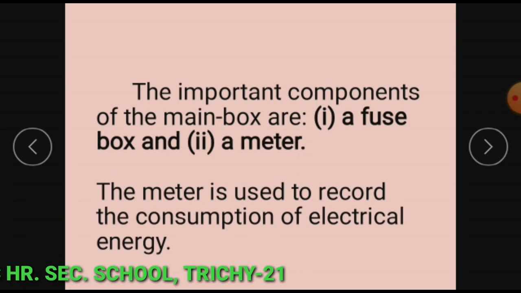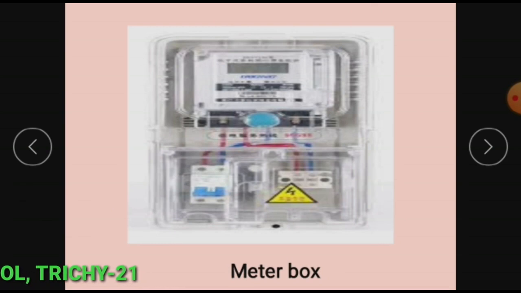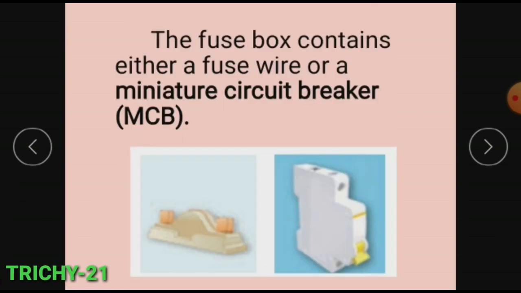The meter box is used to record the consumption of electrical energy. In this figure, the meter box is shown. The fuse box contains either a fuse wire or a miniature circuit breaker, MCB. In this figure, the fuse and the MCB are shown.